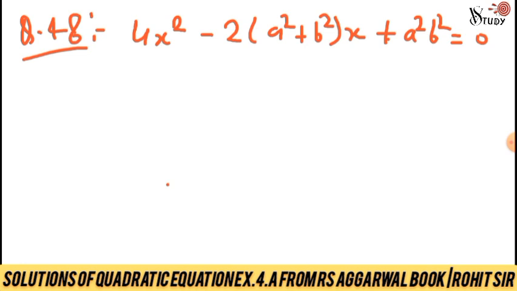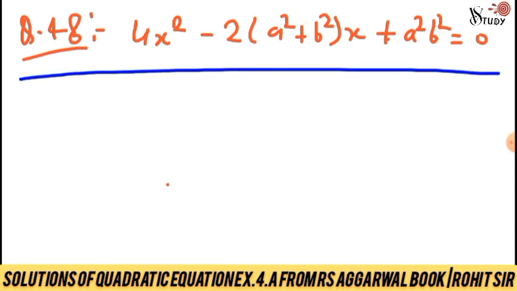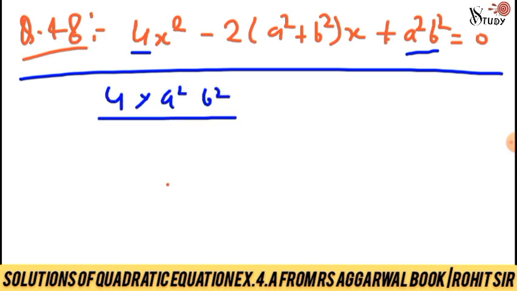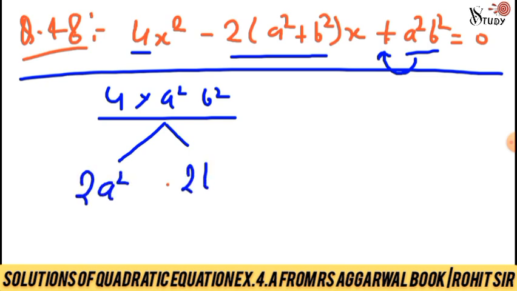Now first we discuss our basic strategy. The basic strategy for this question is that we have to multiply this 4 and the coefficient of the constant term, then we have this. Now we have to find two factors of this. Here the sign of the constant term is positive, whose sum will be equal to this. Now these two factors are 2a square and 2b square.